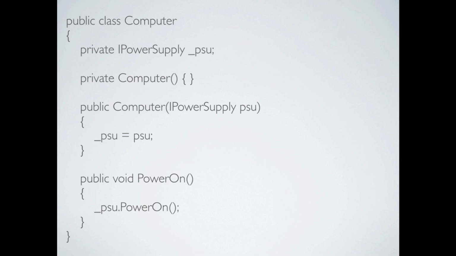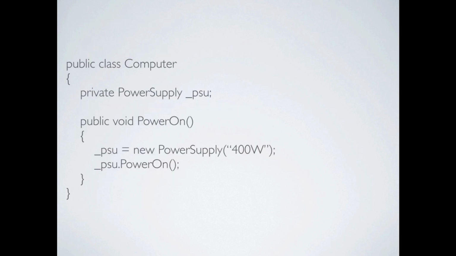If we go back to tight coupling versus loose coupling, in the previous code, if we wanted to use a different power supply, we would have to change the computer object. Now, I understand this is a contrived example, but suppose this was a larger model on a larger business system, and if we made changes to this model, that would require retesting it.